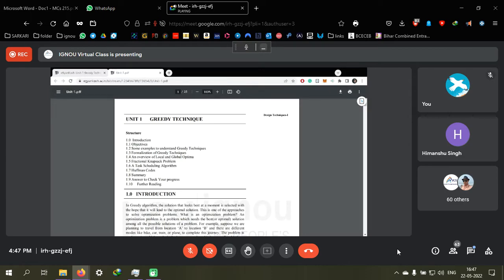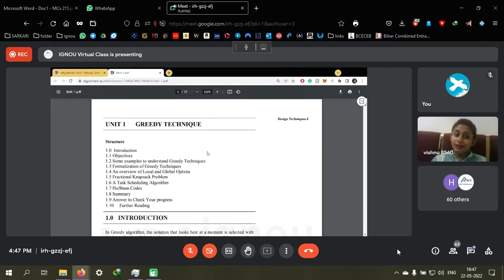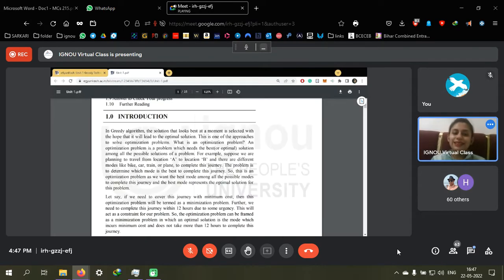Yes, that means if we are talking about the Hindi meaning, that is greedy. We have to take a value that will give you a maximum profit or a maximum quantity with the optimal utilization of resources. So that is known as a greedy technique.